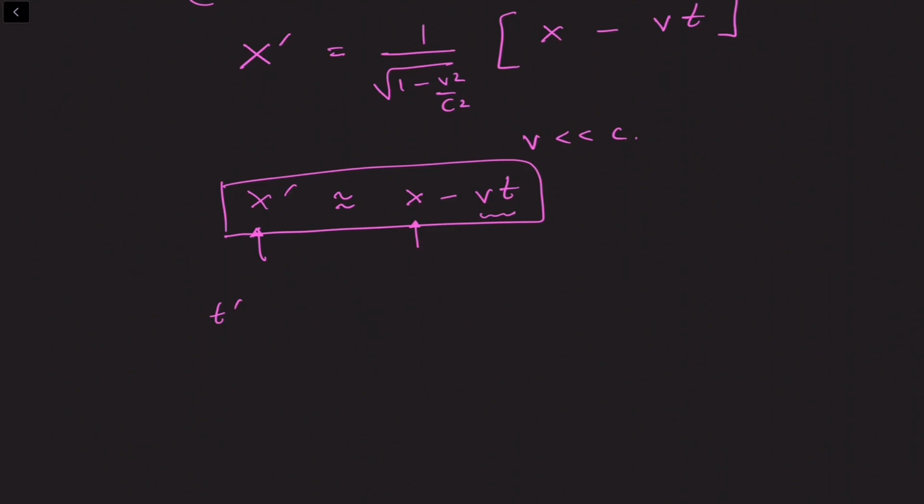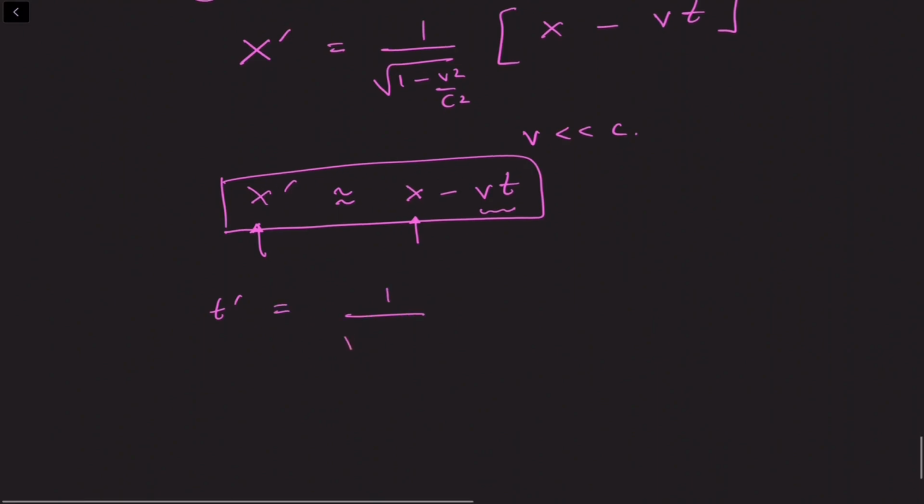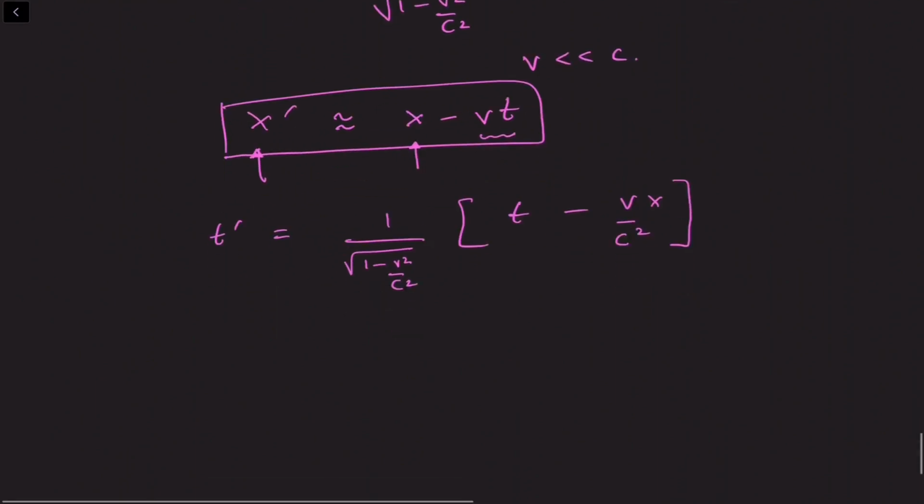For this, let's look at the relationship of t prime to t. t prime is 1 over the square root of 1 minus v squared by c squared times t minus vx over c squared, and x prime is 1 over the square root of 1 minus v squared by c squared times x minus vt.